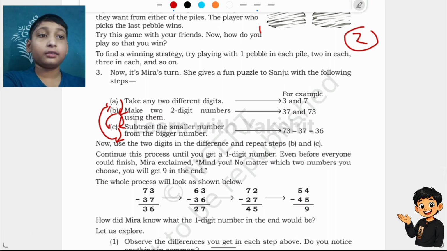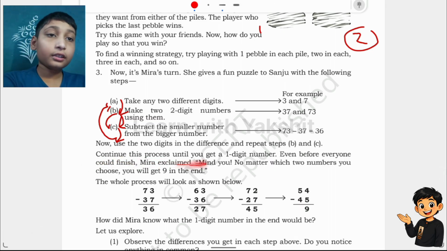And it's like that. Continue this process until you get a one-digit number.